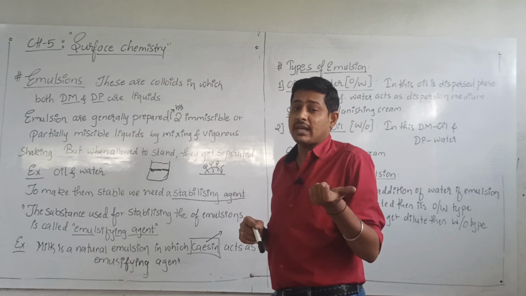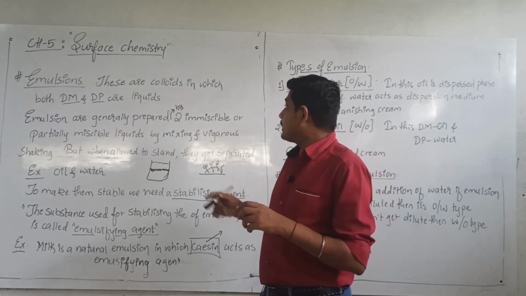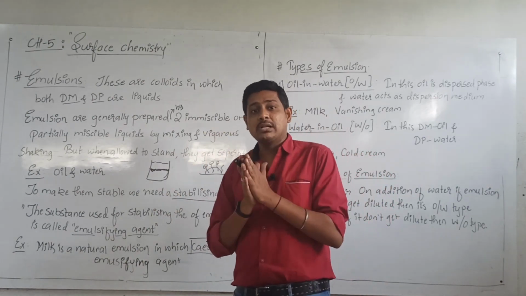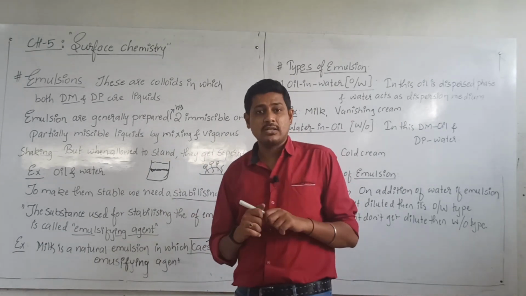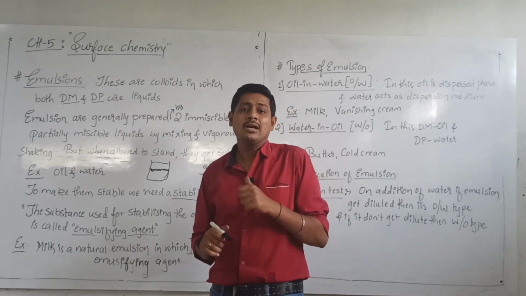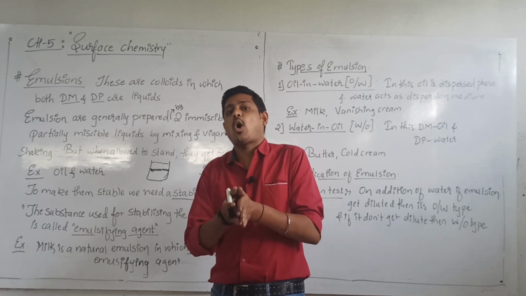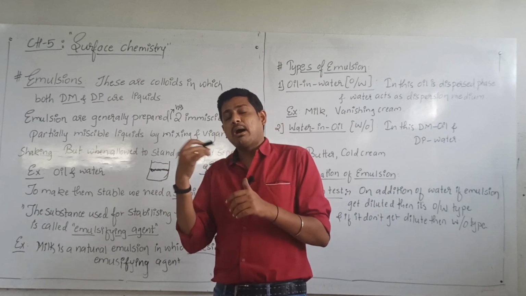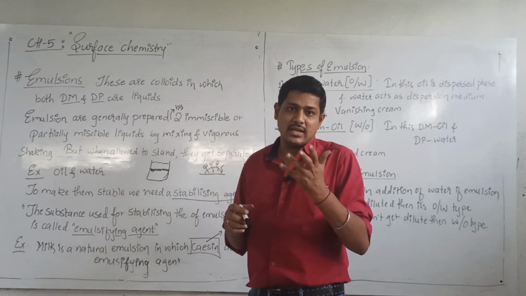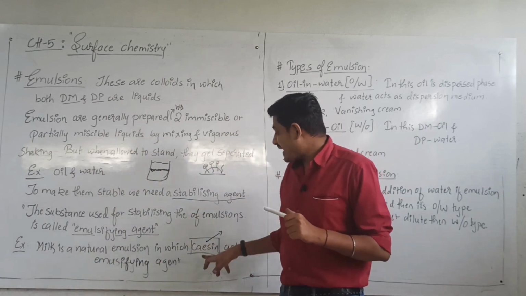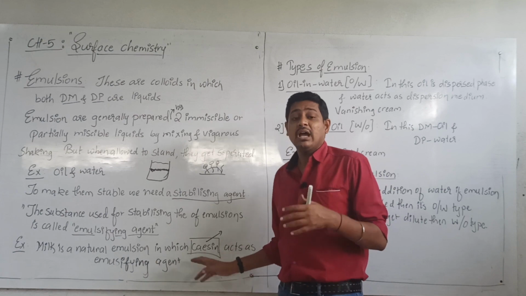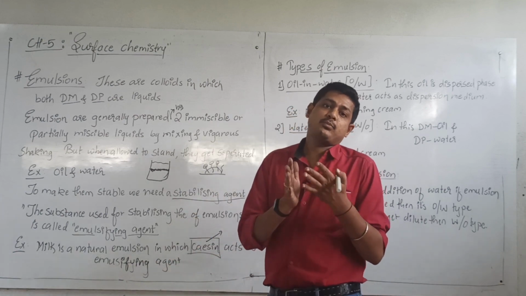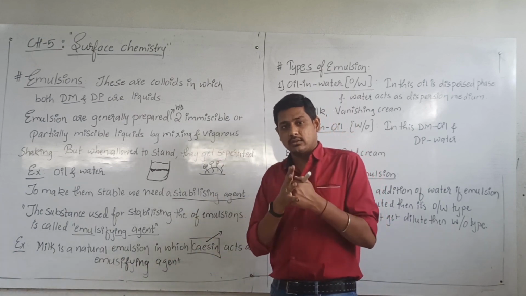What is emulsification? Emulsification means when two immiscible liquids are made into an emulsion by using an emulsifying agent. Then what is de-emulsification? De-emulsification means separation of the two liquids present in an emulsion by use of a de-emulsifying agent. Casein is an emulsifying agent which is holding the fat and the water.